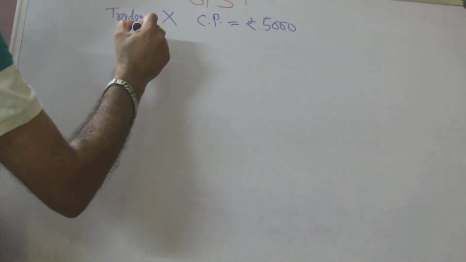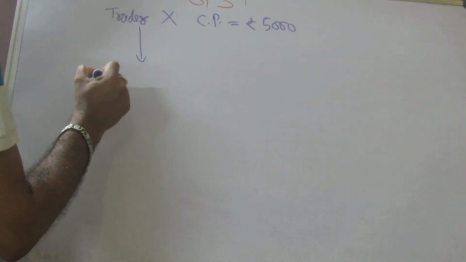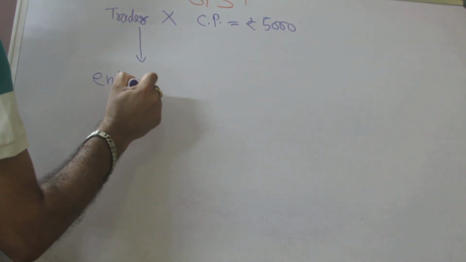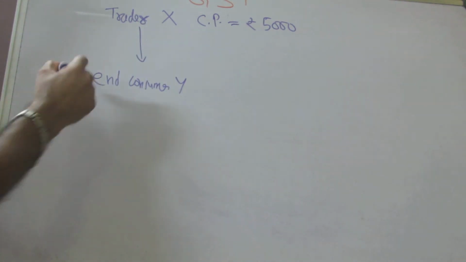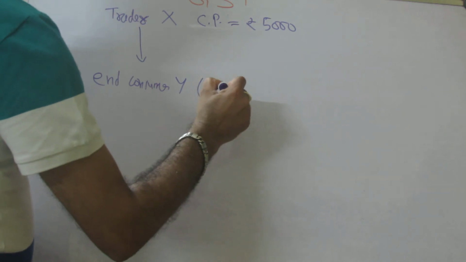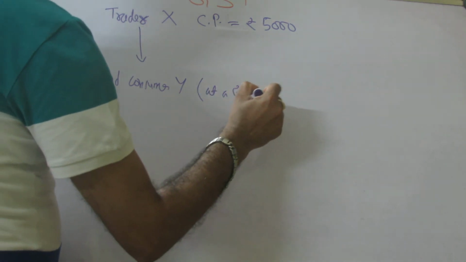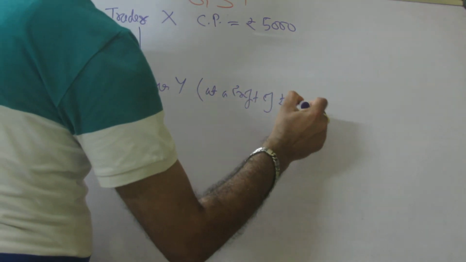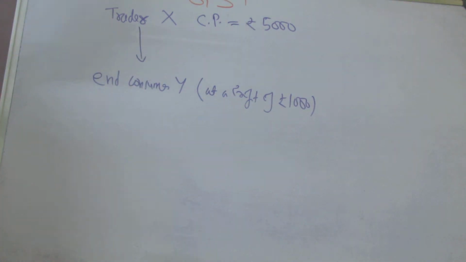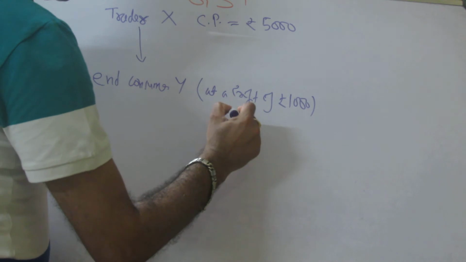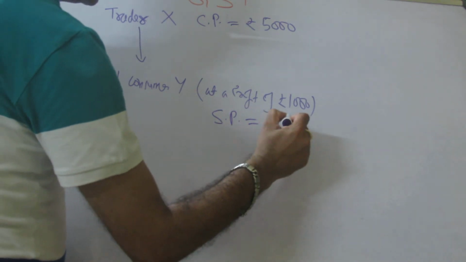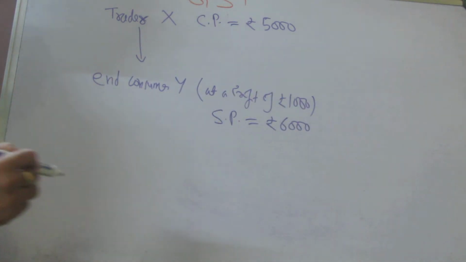He sells it to an end consumer Y at a profit of 1,000 rupees. That means his CP is 5,000 and his selling price has now become 6,000 rupees.